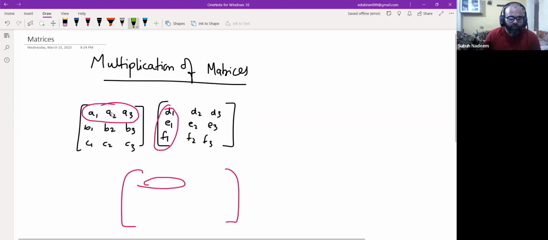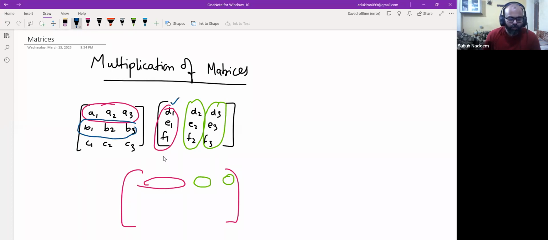Then the first row and second column give the next element, and the first row and third column give another. Similarly, the second row and first column, B1 D1 plus B2 E1 plus B3 F1, give an element here. We can fill the other places in a similar manner.